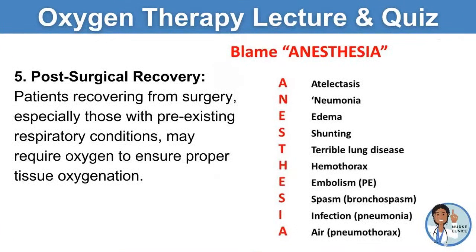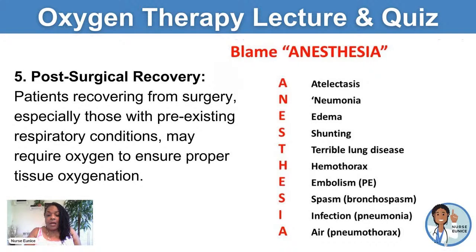But an acronym that I want you to remember, anytime you have a person who is post-op and is having problems with breathing, I want you to blame anesthesia. And so the mnemonic ANESTHESIA stands for atelectasis, or poor air exchange. You're not taking those deep breaths in and out, which is why we usually ask that the patient use an incentive spirometer.